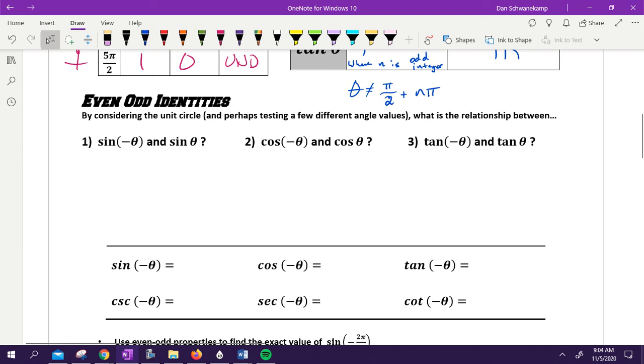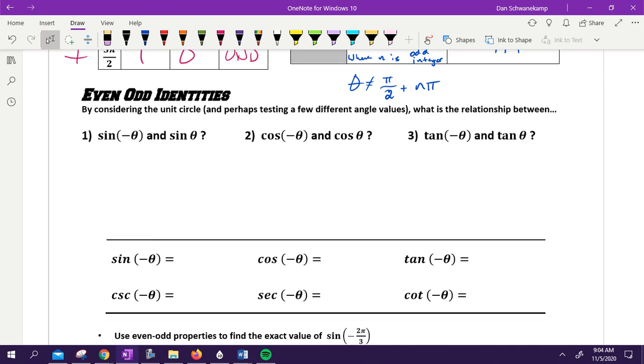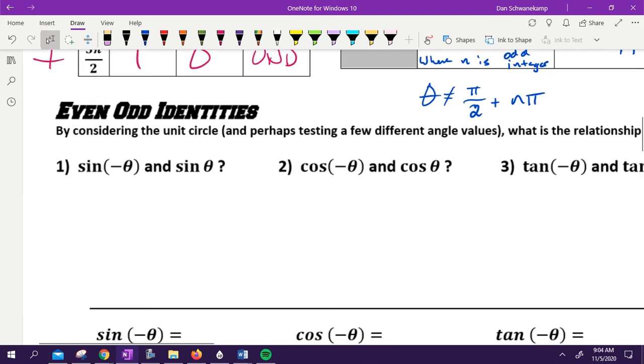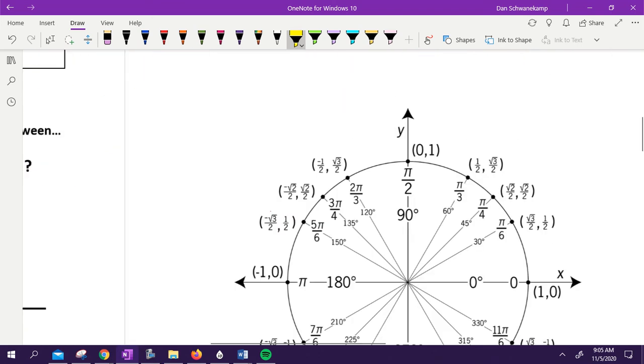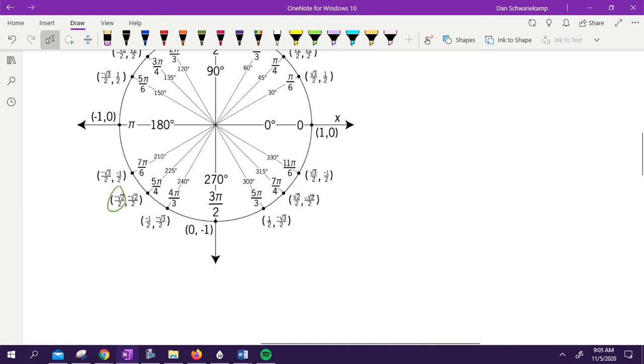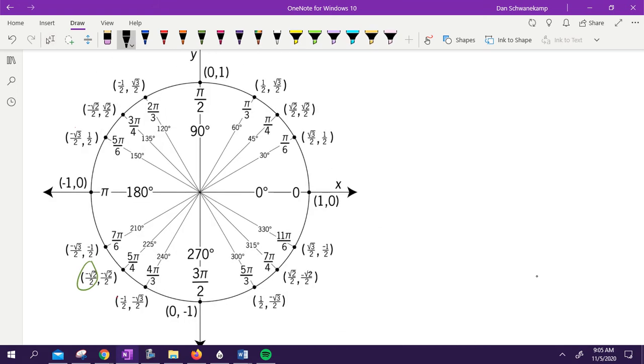Let's get to this. So this is somewhat interesting in terms of what's happening. Considering the unit circle and maybe testing a few different angles, what is the relationship between sine of negative theta and sine of theta? Okay, look up here.